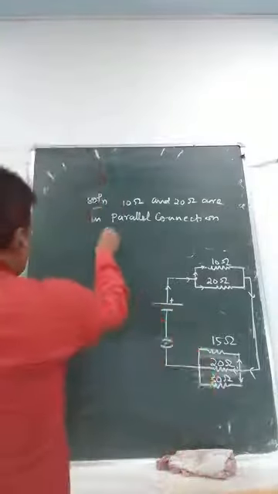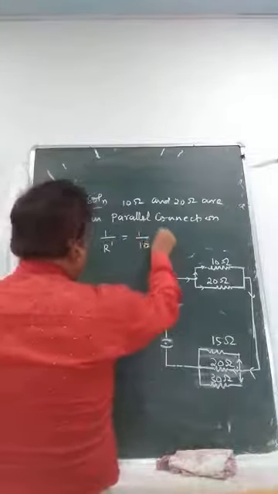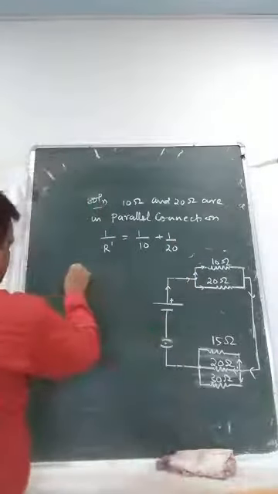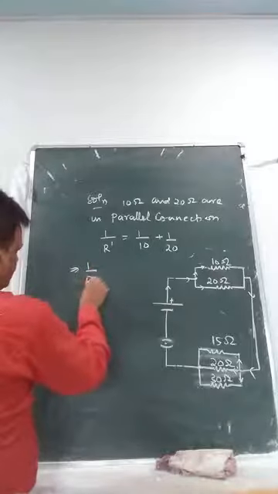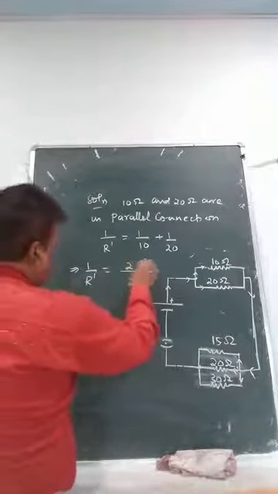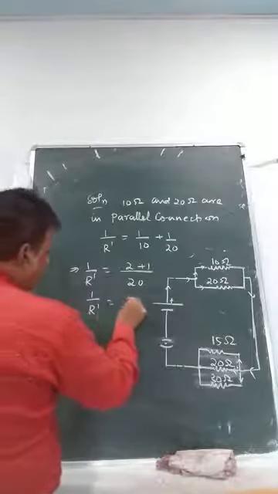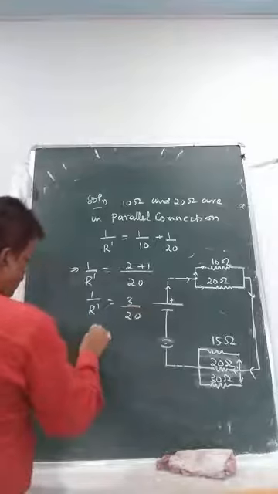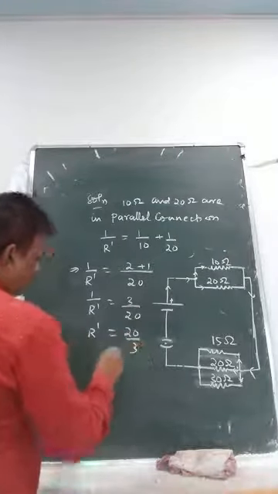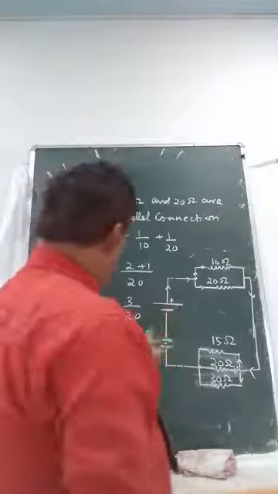That means 1 by R dash equals 1 by 10 plus 1 by 20, because this is the formula. So 1 by R dash, LCM 20, is 2 plus 1, that is 3 by 20, so R dash equals 20 by 3. That means when these two are combined, the resistance is 20 by 3.